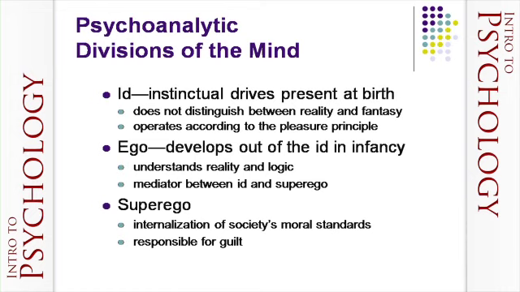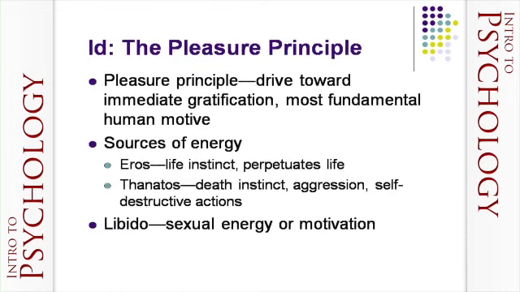All right. So id is the pleasure principle, okay? Drive toward immediate gratification, most fundamental human motive. So sources of energy can be eros, life instinct, perpetuates life; thanatos, death instinct, aggression, self-destructive actions; libido, sexual energy for motivation. That's id.